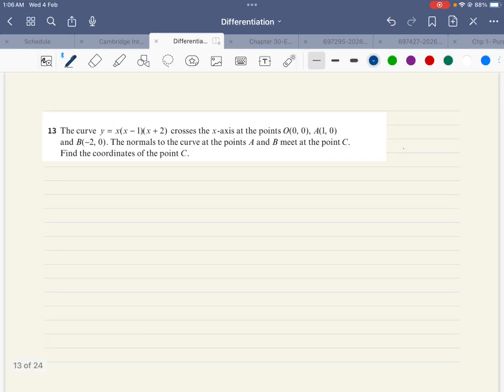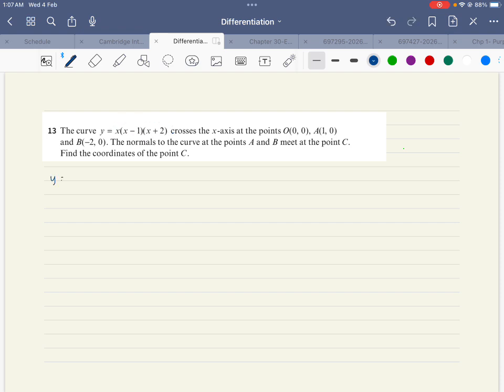Let's move ahead. The curve y equals this crosses the x-axis at points this and this. We know that whenever any line or any curve crosses the x-axis, the y coordinate is 0. So we can see it very clearly in all 3 points, the y coordinates are 0. Now let's move ahead with this question. Let's first make this equation usable for the gradient.